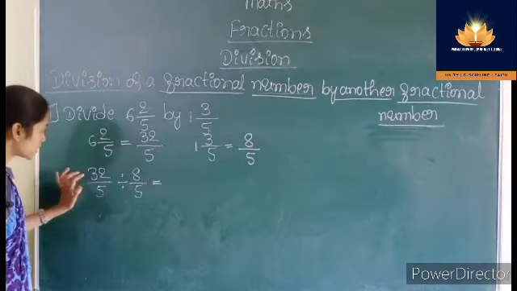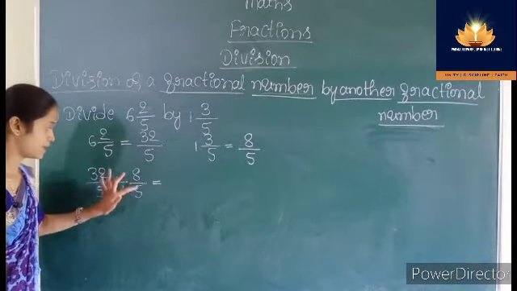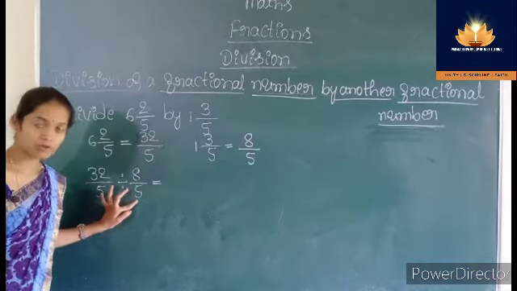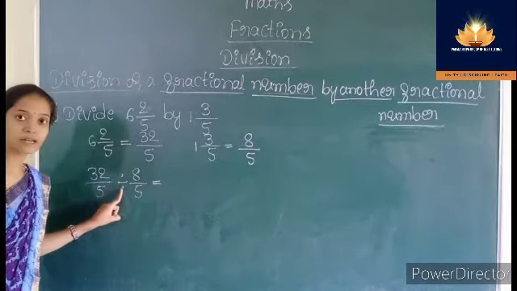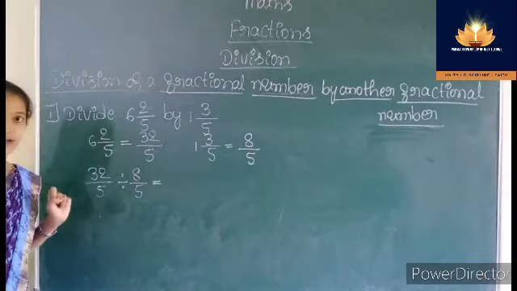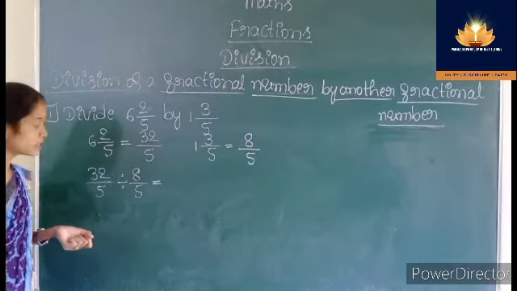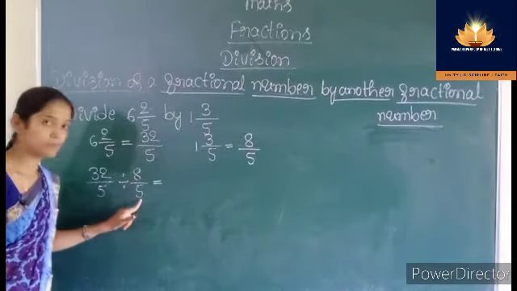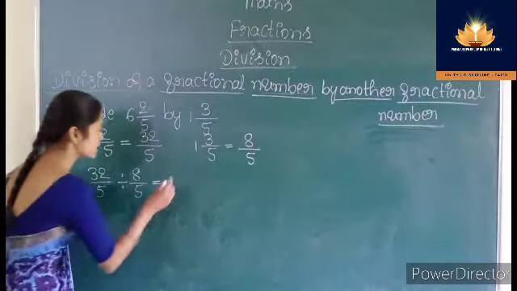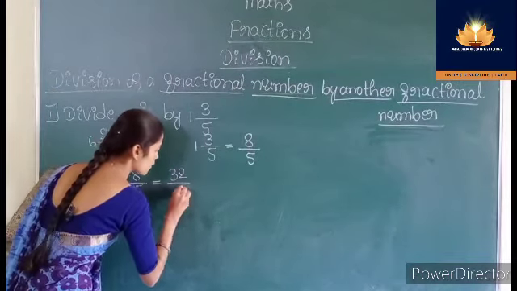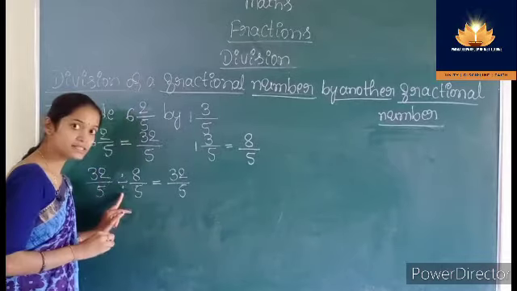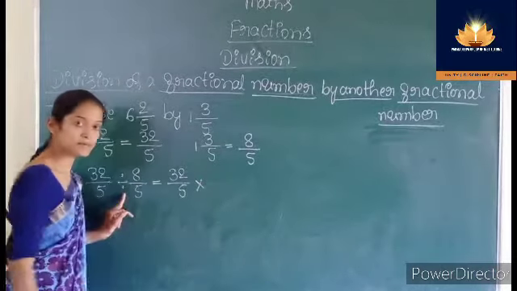Right. To divide 32 upon 5 by 8 upon 5, first we have to convert the division symbol into a multiplication symbol. Then we have to write the reciprocal of 8 upon 5. Okay. 32 upon 5. Write the multiplication symbol.